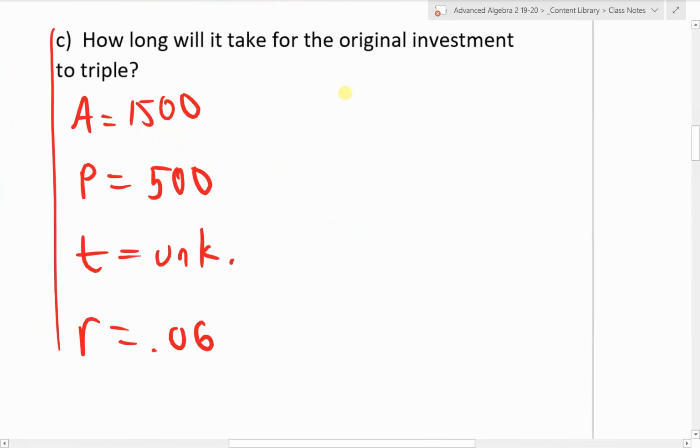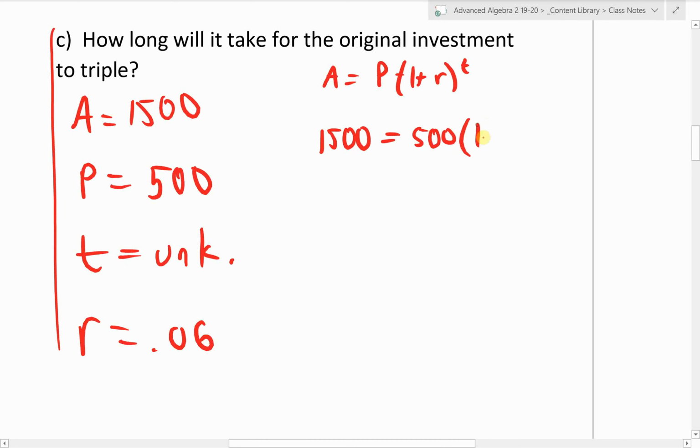We want to use our interest formula here. It's A equals P times 1 plus R to the T power. So we know we want to end up with 1,500, and we started with 500. And we have an interest rate of 6%, right? Once we do this first step, we divide that 500 out.